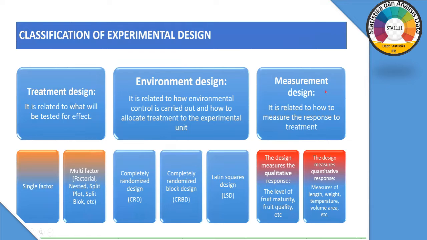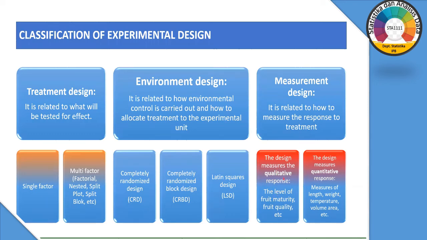With regard to measurement design, we can see whether the response is qualitative, in which perhaps only a level or maybe scoring. The result of the measurement is not in terms of numbers, only a level. It can be in terms of scoring.